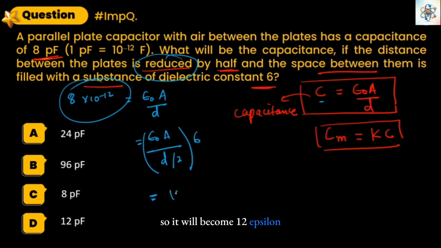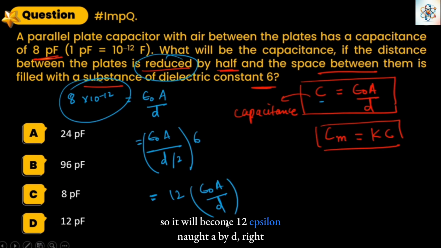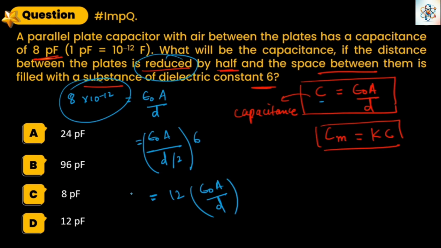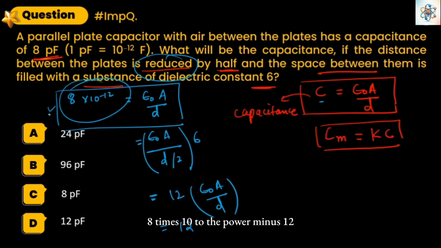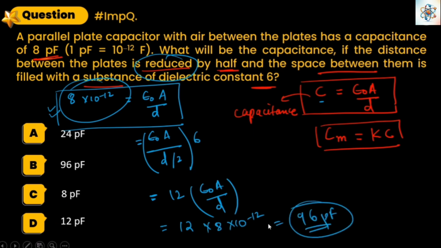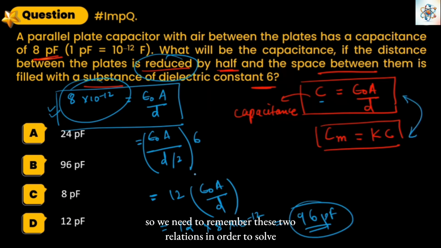So it will become 12 epsilon naught A by D, right? So 12, what is the value of epsilon naught A by D? Given in the question only. 8 times 10 to the power minus 12. Or you can say 96 picofarad. So we need to remember these two relations in order to solve questions from capacitance.